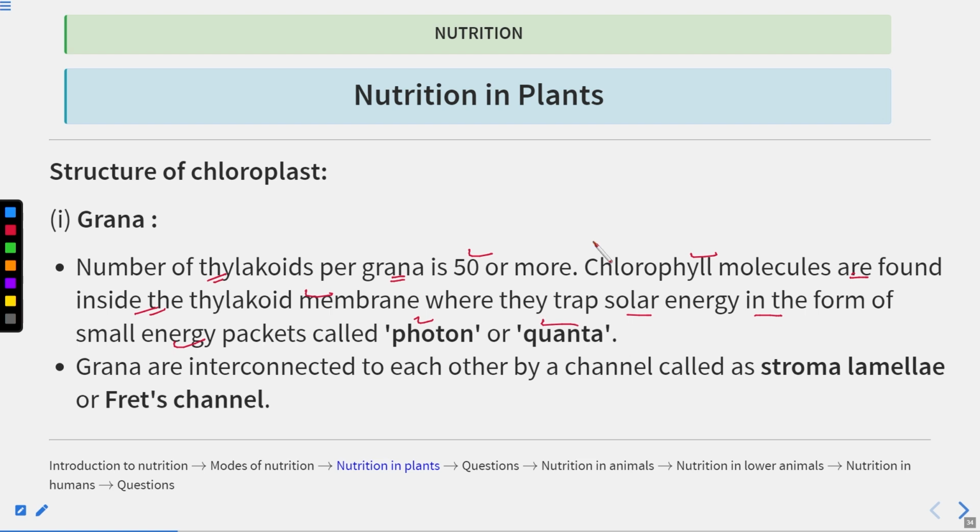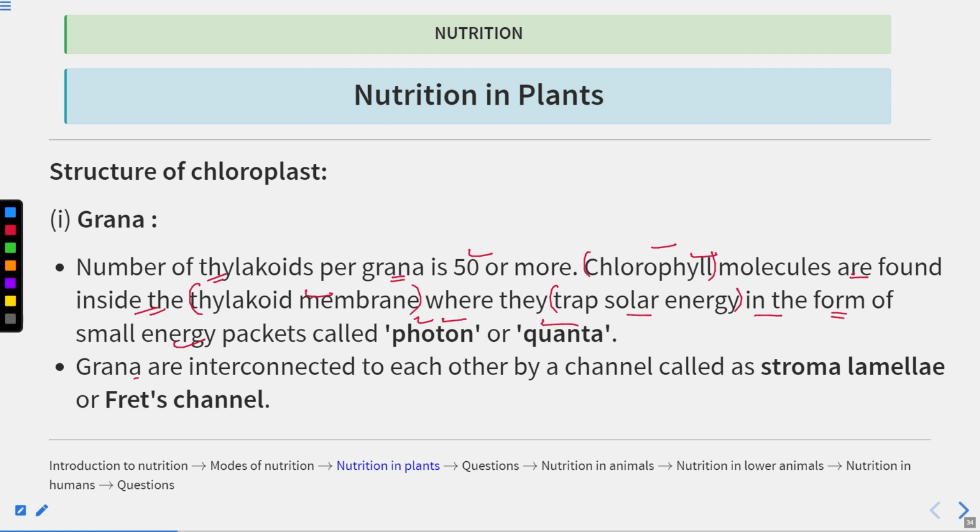So if someone asks you where the chlorophyll molecules are present, they are present inside the thylakoid membrane. And the role of these chlorophyll molecules is to trap the solar energy, which is present in the form of photons or quanta.